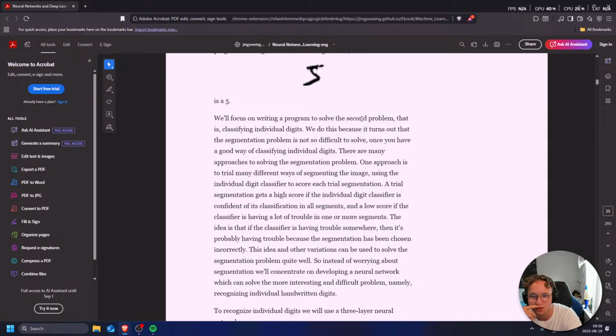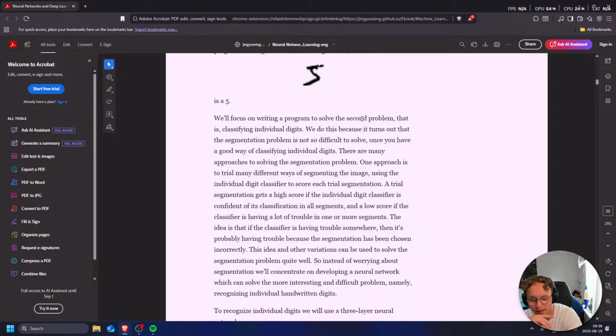There are many approaches to solving the segmentation problem. One approach is to try many different ways of segmenting the image, using the individual digit classifier to score each trial segmentation. A trial segmentation gets a higher score if the individual digit classifier is confident of its classification in all segments, and a low score if the classifier is having a lot of trouble in one or more segments.